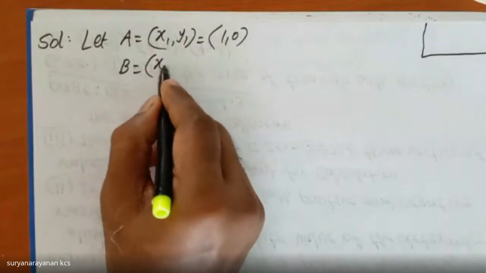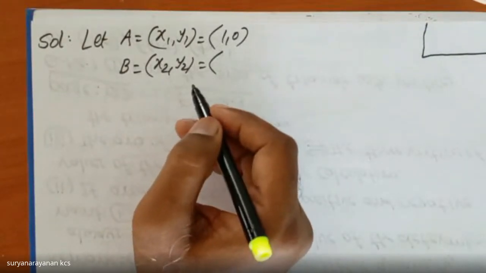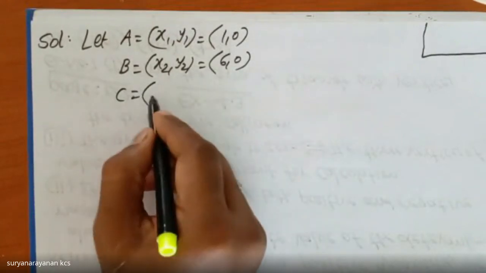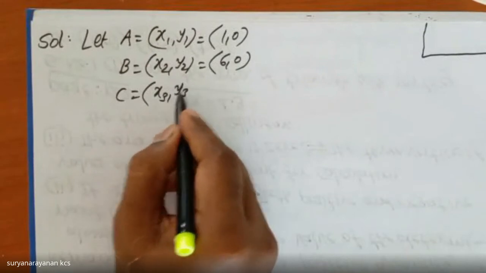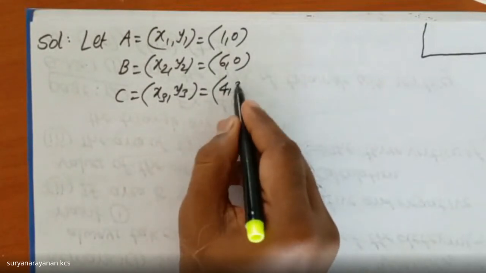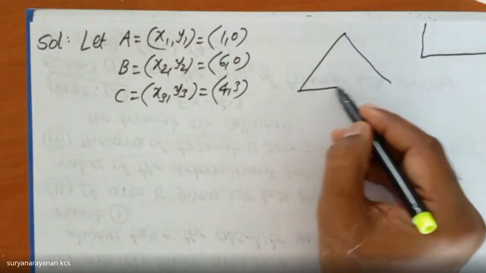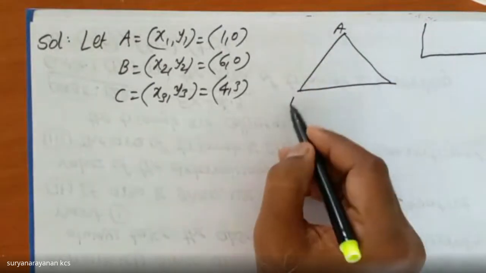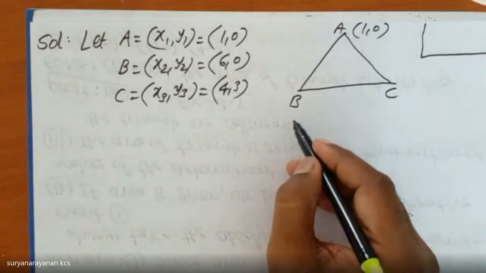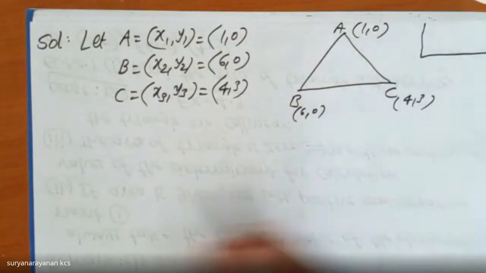B is (x2, y2), that is (6, 0). C is (x3, y3), that is (4, 3). These are the vertices of triangle ABC.